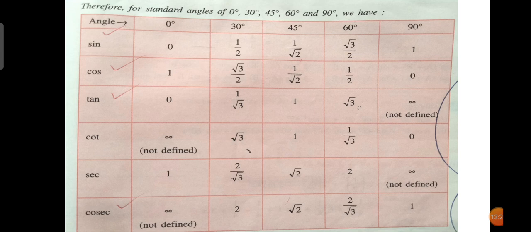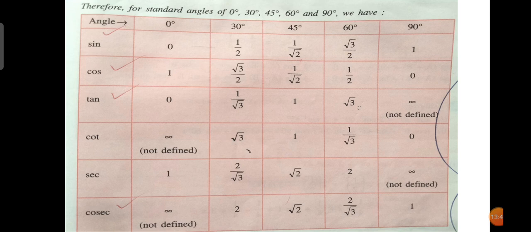Similarly for the others. If you do not find it easy to learn by heart, then use the shortcut method that I have told you. You just draw a right angle triangle with angles 60 degree and 30 degree.